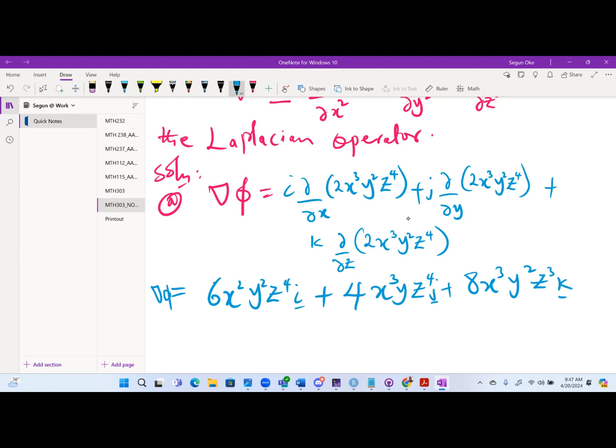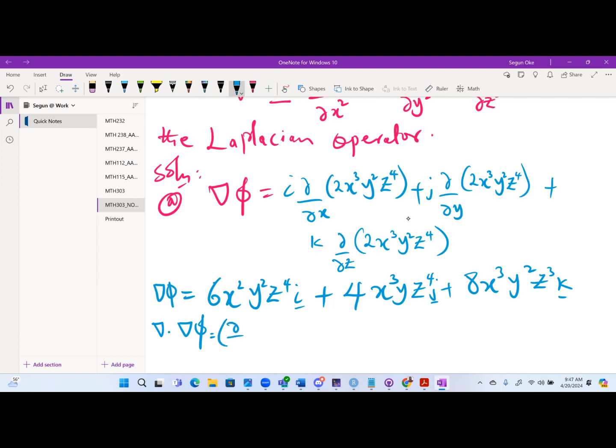So if you have this, we can now find the dot of this one. If I want to find this one now, it is simple for me. I know del.